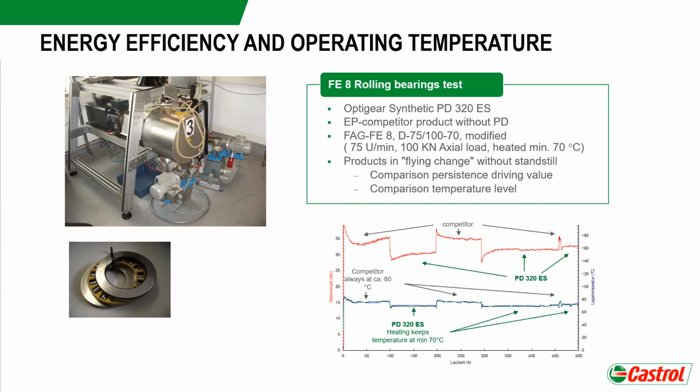So it's reversible. This effect is reversible. Going back to the PD product, you can see a drop in the torque and in the heat again. So if you want to benefit from the PD technology over time, you will need to keep the PD product running. Next slide, please.